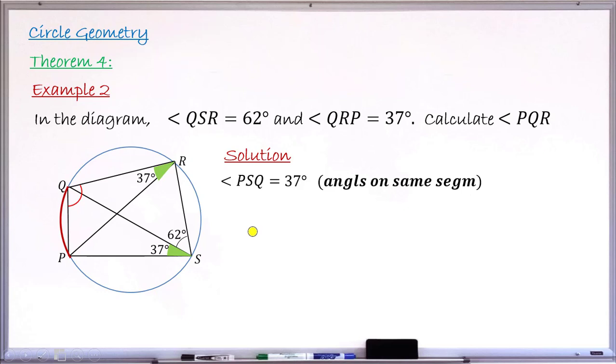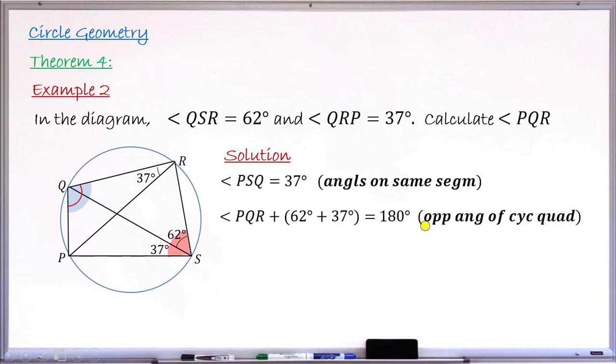So let me do that. So addition of the angle PQR, PQR is the angle asked to find, and the sum of these two angles will give me a result of 180, because the whole of this angle and the angle PQR are opposite angles of a cyclic quadrilateral. So addition of those angles will give a result of 180 degrees.